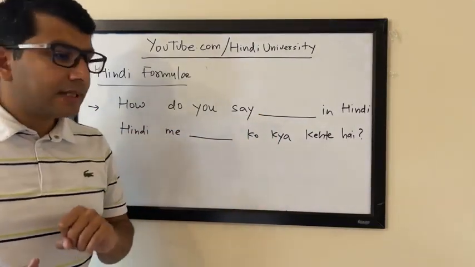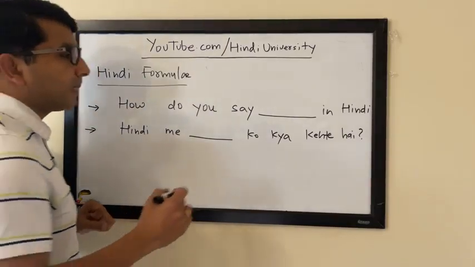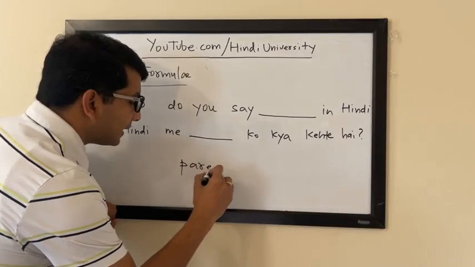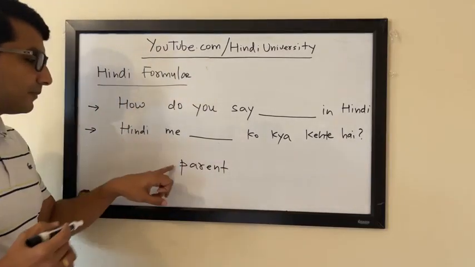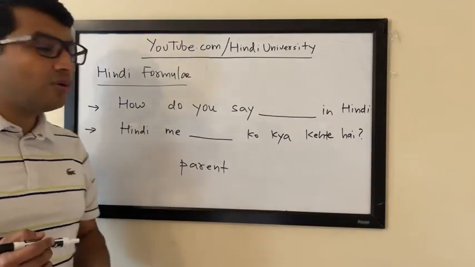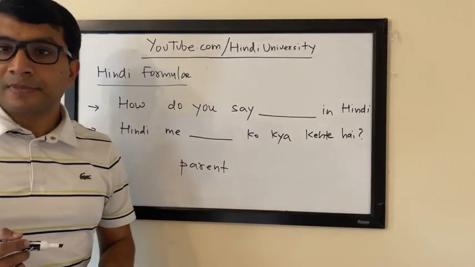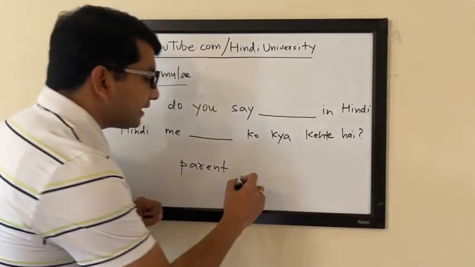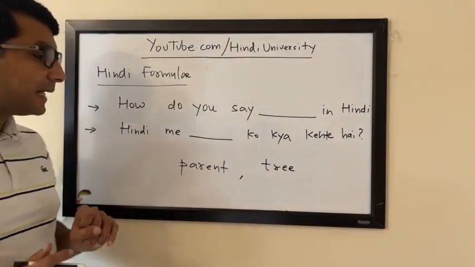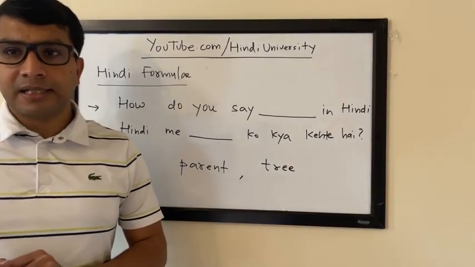So let's say you don't know the Hindi word for parent. You can say Hindi में parent को क्या कहते हैं. Or you don't know the Hindi word for tree. You can use the formula: Hindi में tree को क्या कहते हैं.